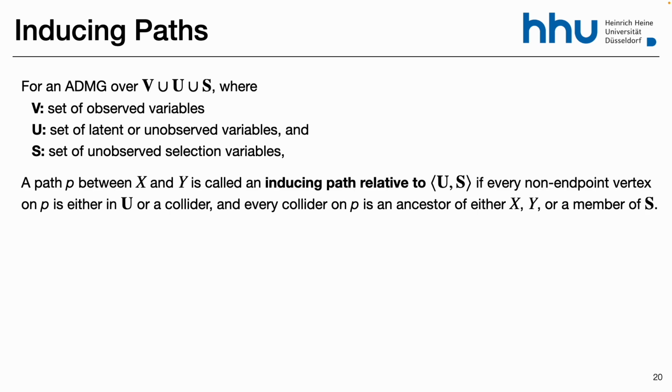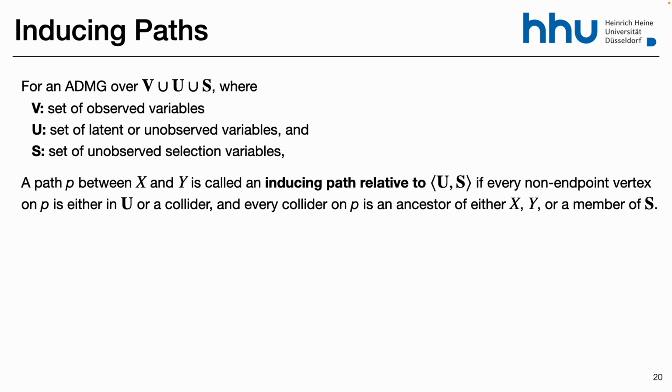This inducing path is a path that... I don't like this definition, but you can use it. The easier definition is just that it's a path that has only colliders in the middle. That's the real definition. But you can derive the same thing like this.